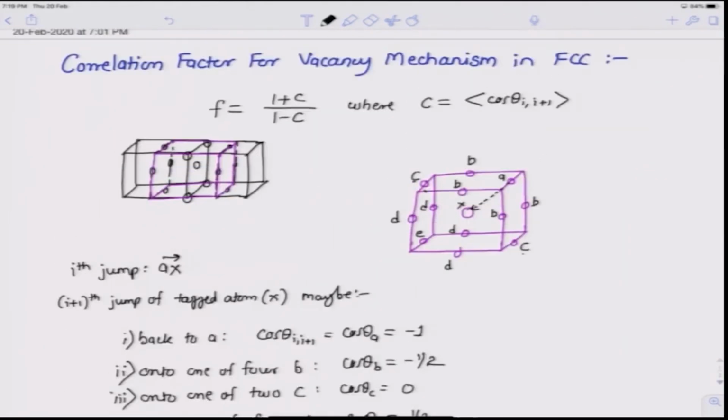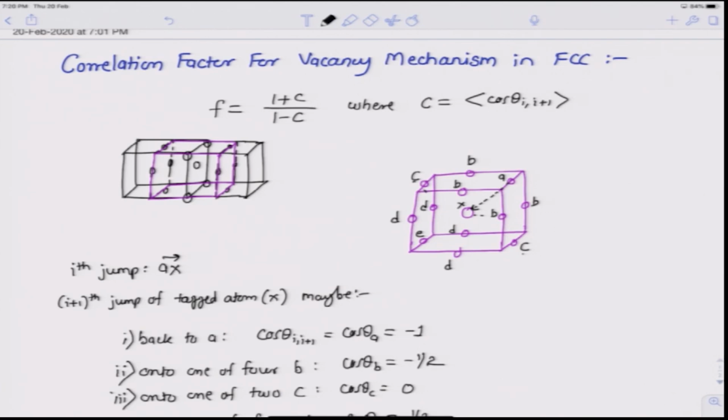If the atom X here has to make a jump onto any of the sites, let us say onto site B for example, then the vacancy has to be on site B, and we are considering the correlation effect. Right?